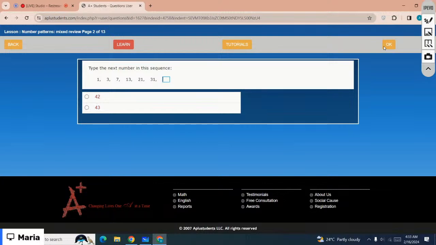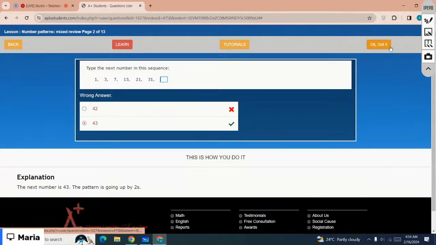The next one is 1 plus 2 is 3, 3 plus 4 is 7, 7 plus 6 is 13, 13 plus 8 is 21, 21 plus 10 is 31, and 31 plus 11 is 42, not 43. The correct option is 42. You need to add 11, so 31 plus 11 is 42.